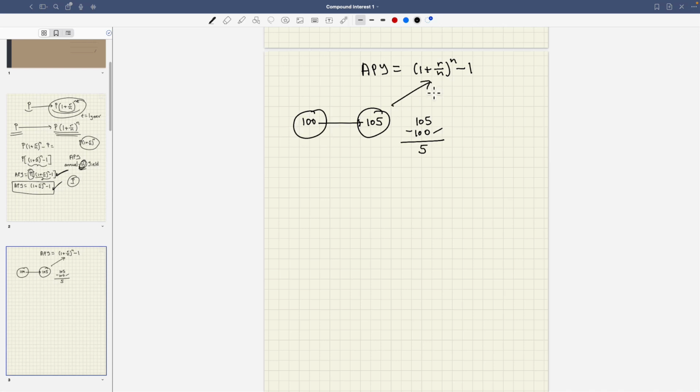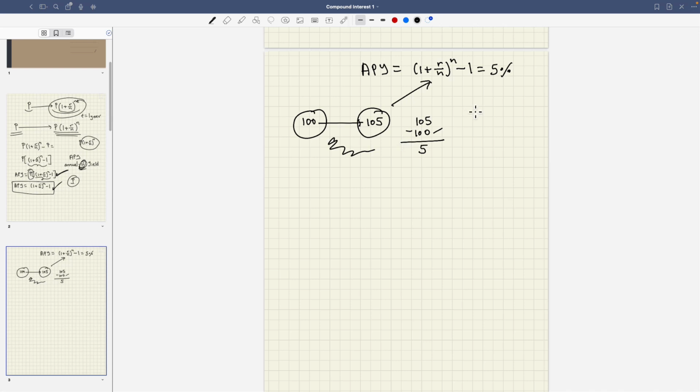Anyways, they say APY is 5%. What does that mean? Well, that means that in 1 year, like in this example right here, you will get 5%. But there's something else going on here, and that something else has to do with the number of times that the investment is compounded.